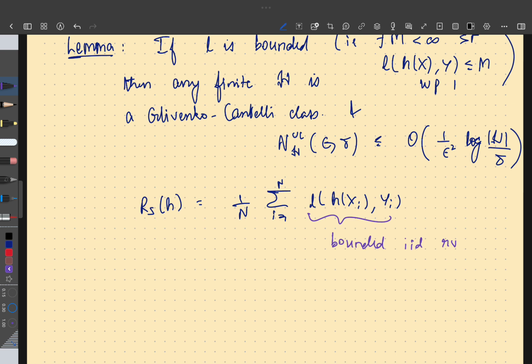And we've seen that every bounded random variable is sub-Gaussian.